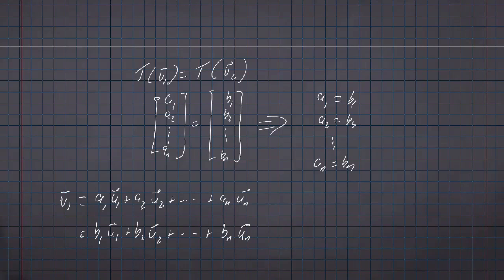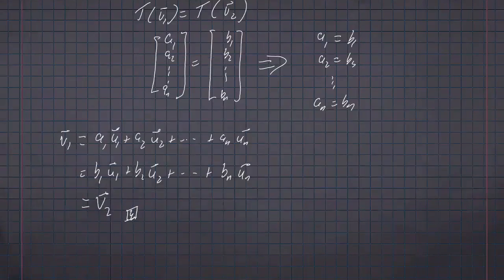And because I can do that, this linear combination is exactly defined as the representation of v2. So, fairly long way to go to get there, but we've seen now that we have a one-to-one linear transformation.